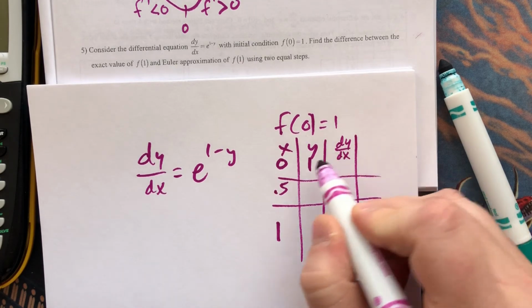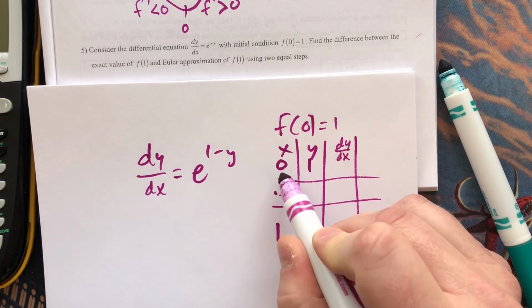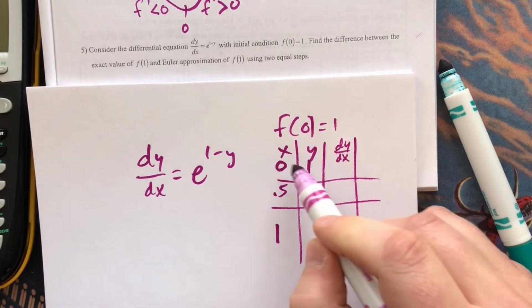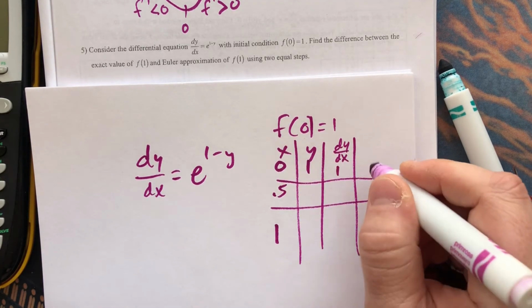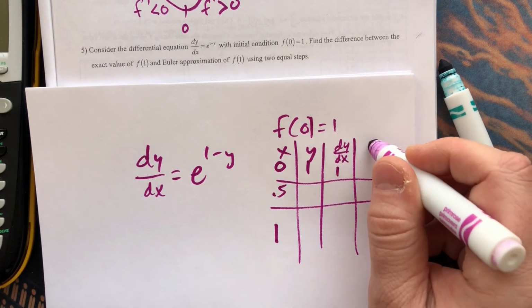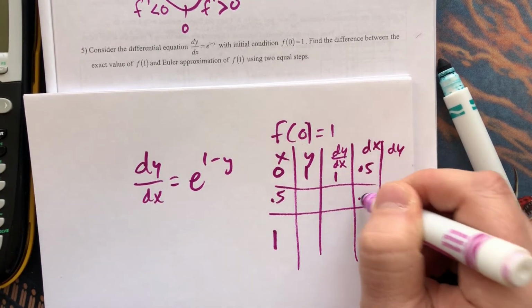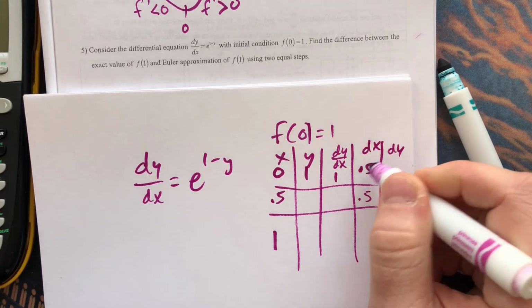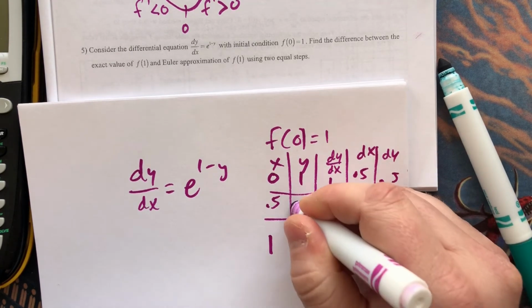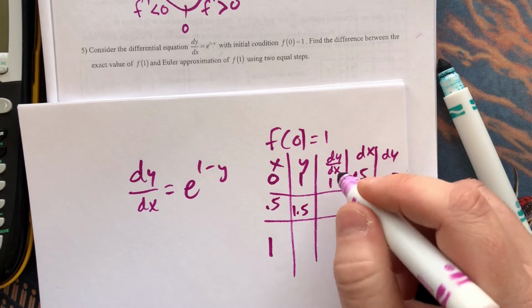This would be a non-calculator question, would be my guess. So dy dx here is going to be, let's see, e to the 0, so it's just 1. And then dx is just 0.5. So that means 1 times 0.5, it's 0.5, so this is 1.5.